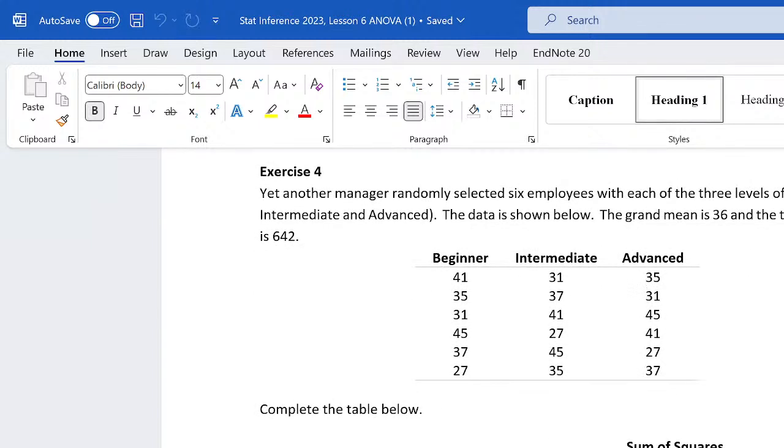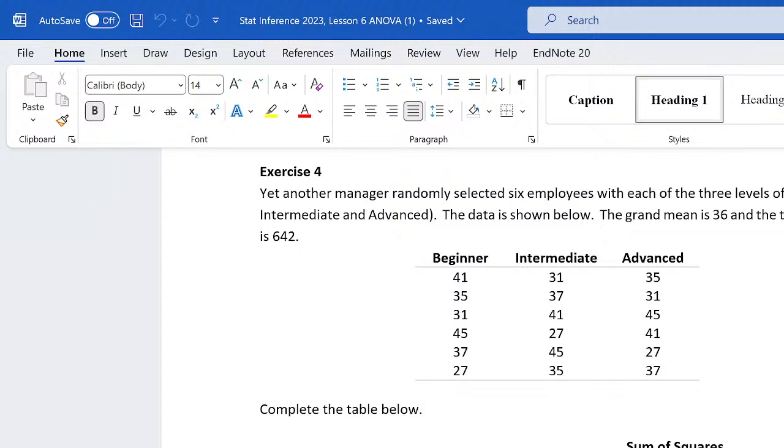All right, now look carefully. I'll tell you, each group mean is the same. It's worse than that. All 3 groups are the same.